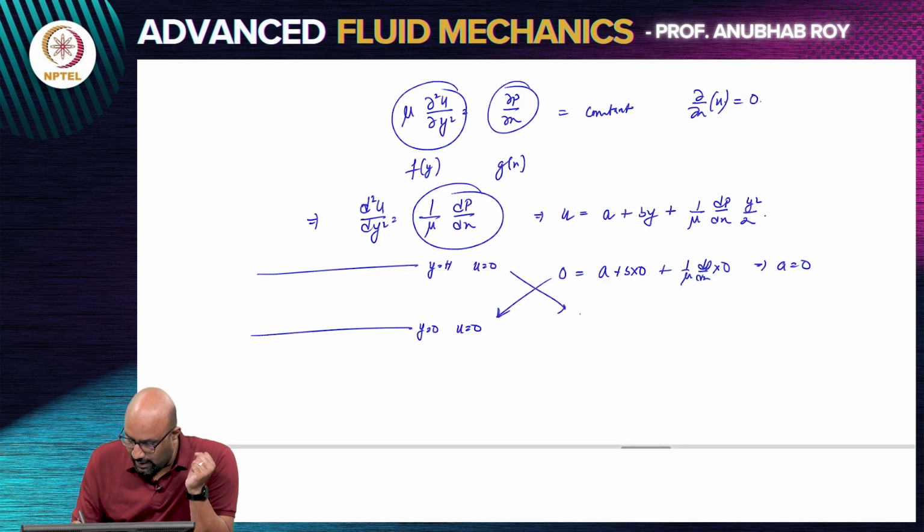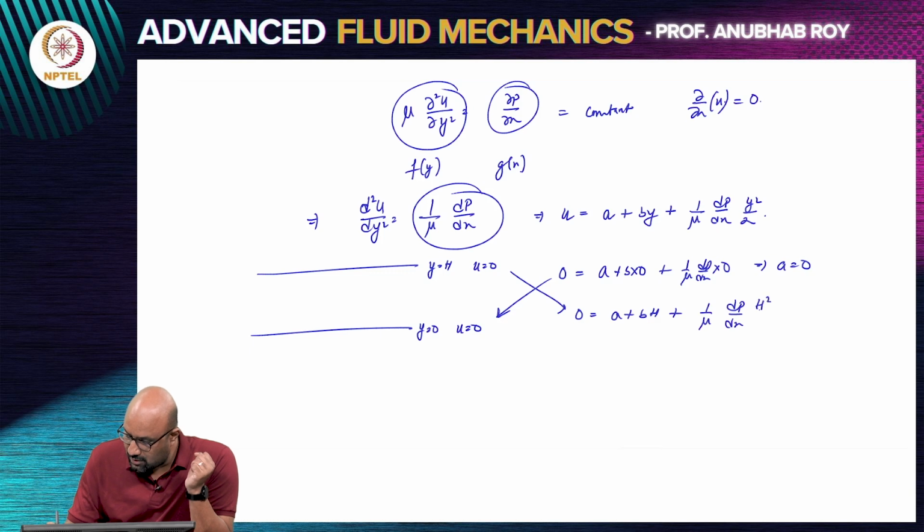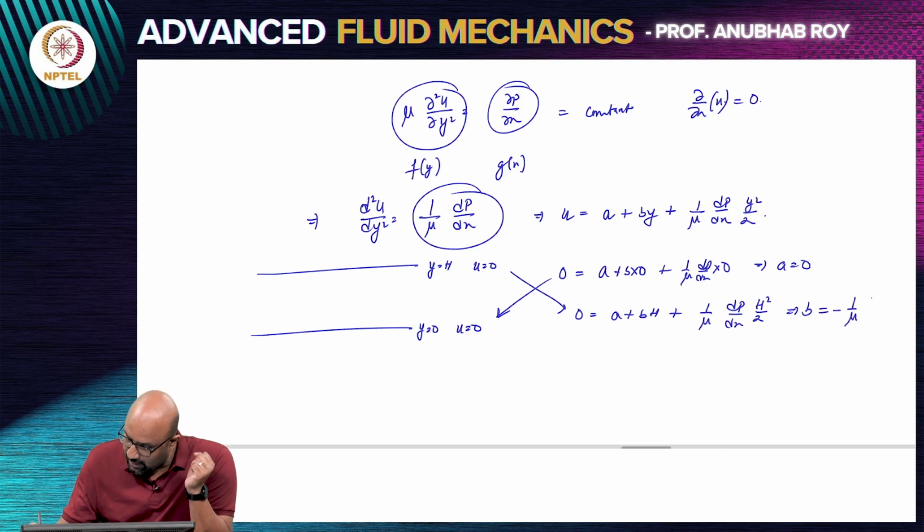At the top plate I will have 0 is equal to a plus bh plus 1/μ dp/dx h²/2. Now a is 0, so this implies b is equal to minus 1/μ dp/dx h/2.